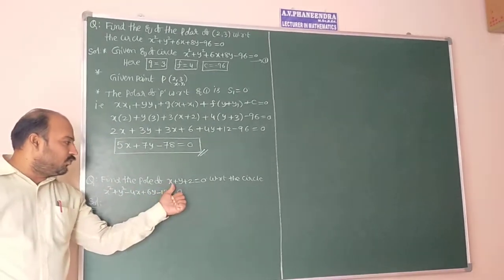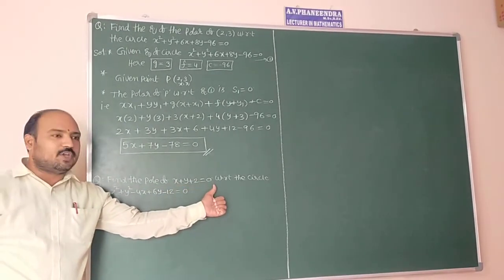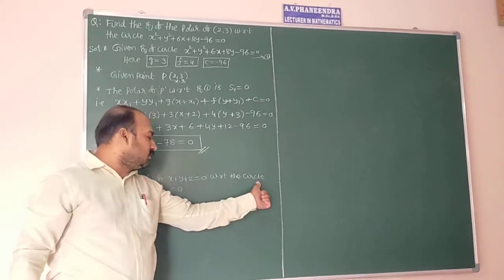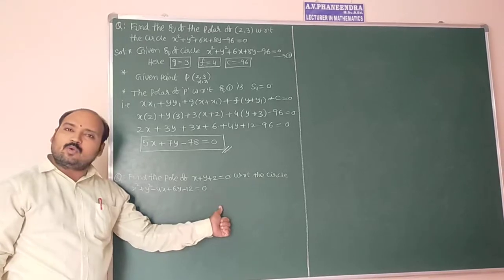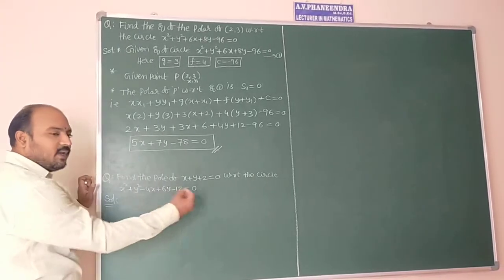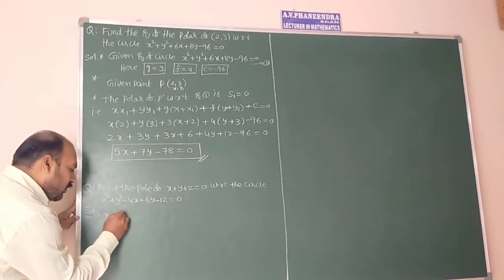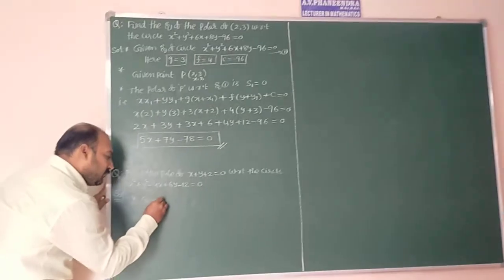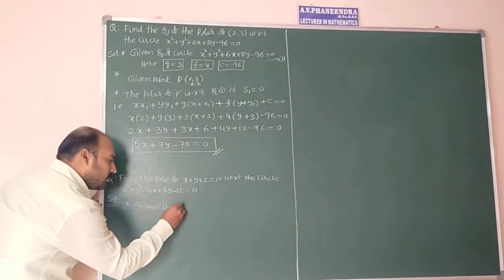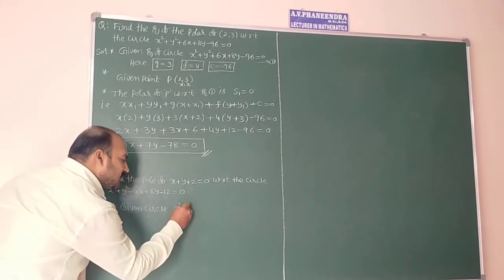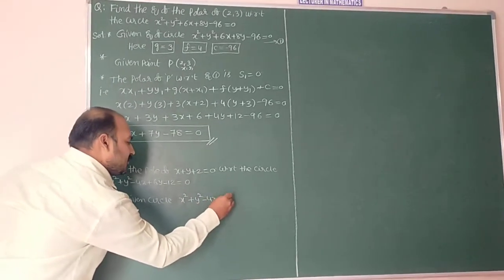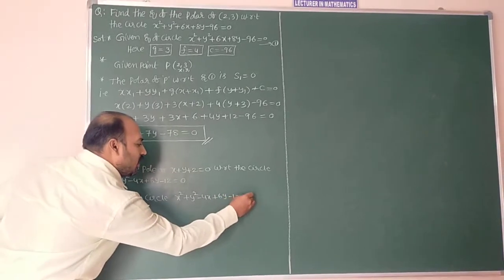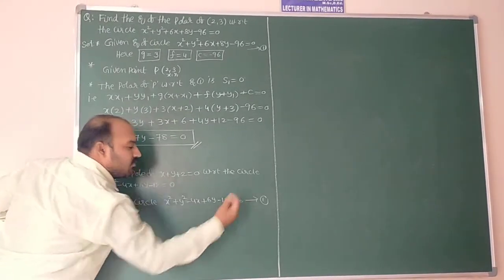Find the pole of x plus y plus 2 equal to 0 with respect to the circle x square plus y square minus 4x plus 6y minus 12 equal to 0. Given line, given point, given circle. First step, given circle: x square plus y square minus 4x plus 6y minus 12 equal to 0, equation number 1.